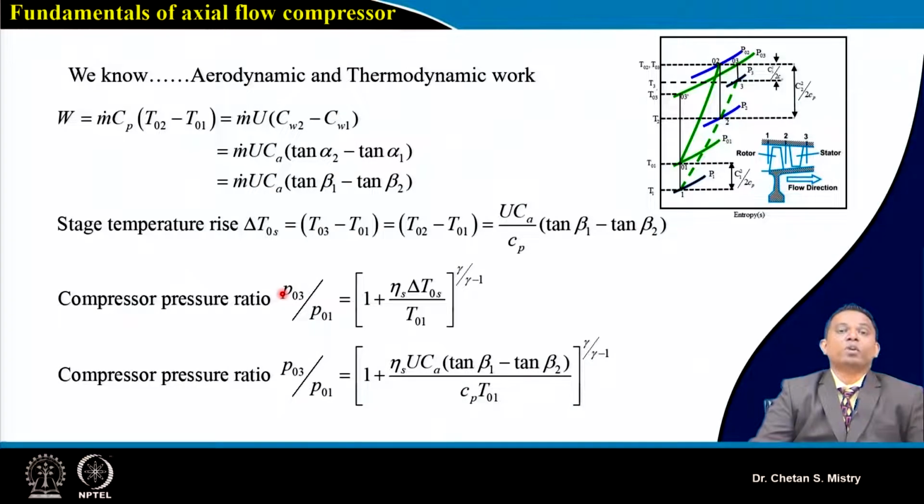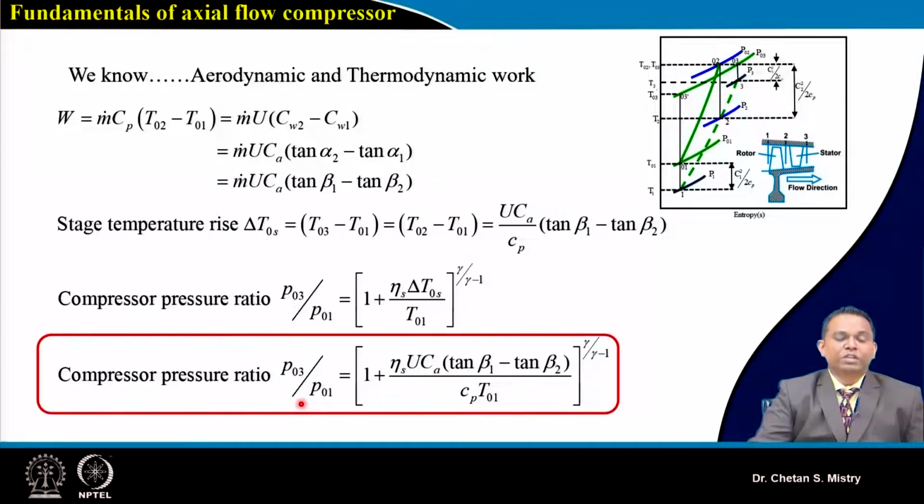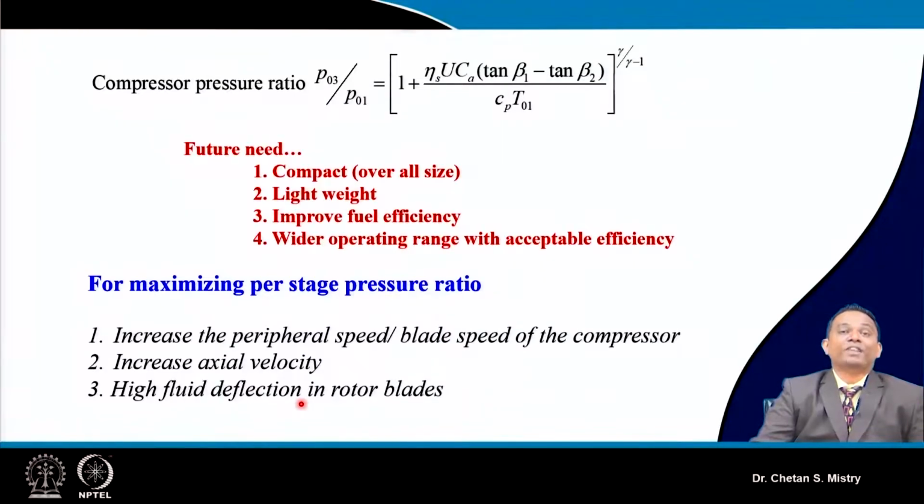We are more interested in our compression ratio. So the compression ratio we correlate in terms of delta T0 and our isentropic efficiency. Overall, this is the formula, which we discussed during our second week session.